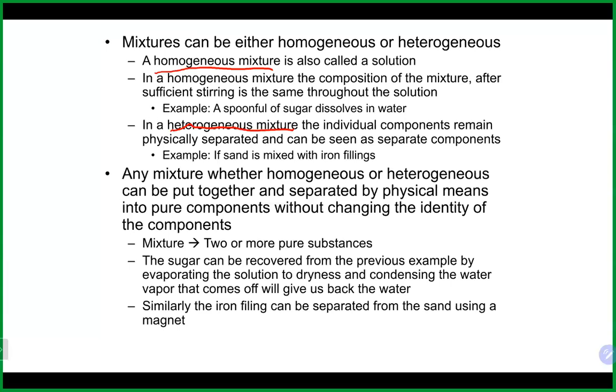For example, if you have metal pieces in sand, you can mix that all day. It will not mix, but you definitely could separate them out. You could take a magnet and grab out all the metal pieces, and you'll have your metal pieces and your sand by itself.